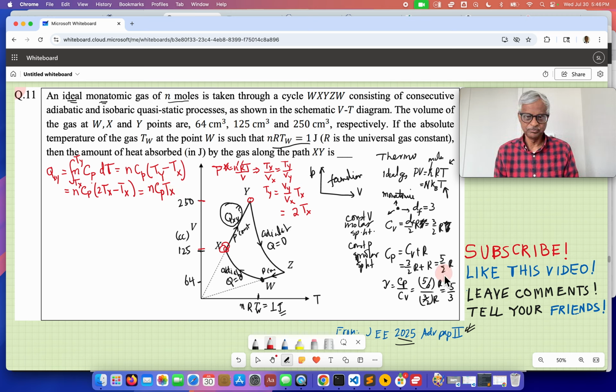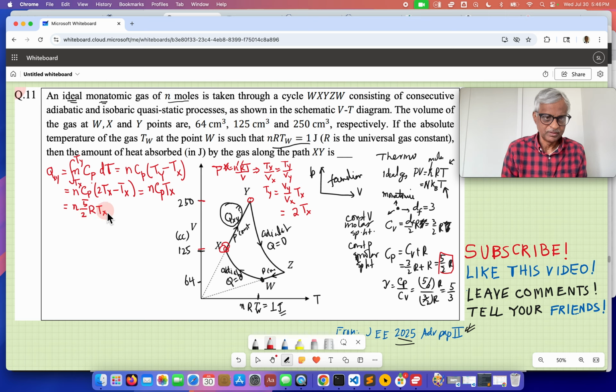Cp you already know is going to be 5 over 2 R. So let's write that down. n 5 over 2 R Tx. So we need to figure out 5 over 2 nR Tx.